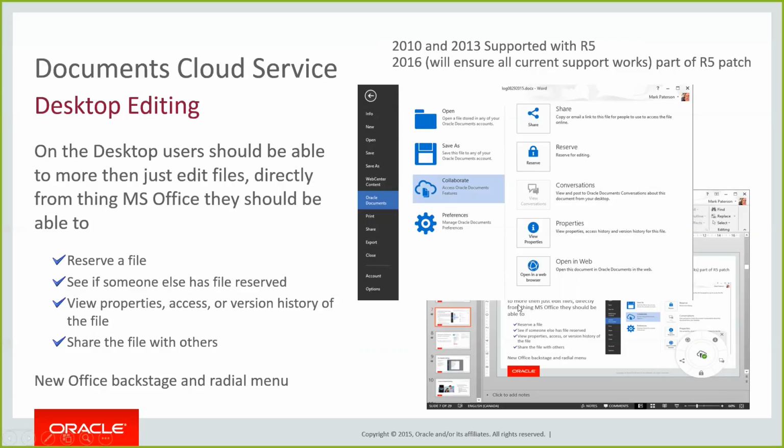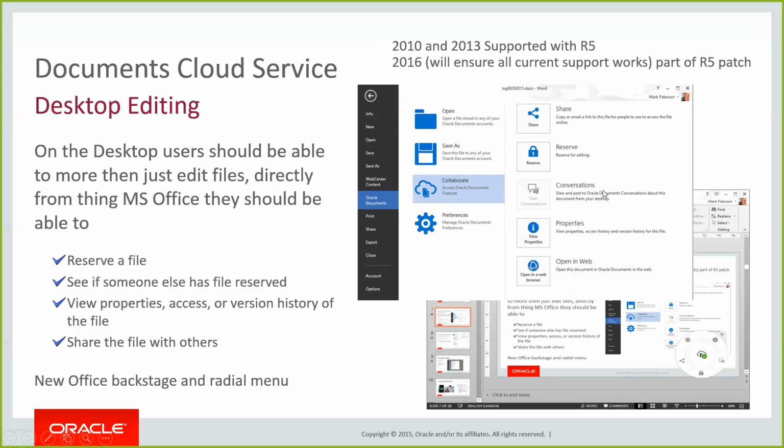Also, there is a backstage menu for the Oracle documents available in Microsoft Office, actually in all the applications that are part of the Microsoft Office suite. So you have this backstage menu with the same options. So you can share a document with other users. You can reserve a document.